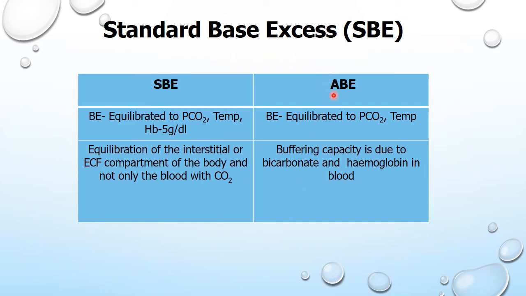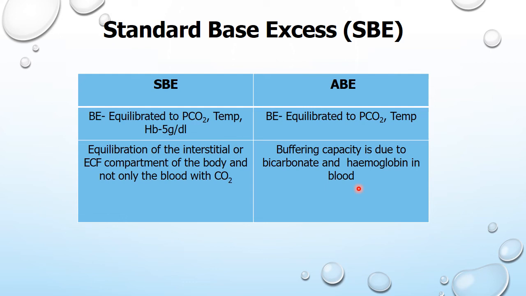So actual base excess is equilibrated with temperature and PCO2, and the buffering capacity is due to bicarbonate and the hemoglobin in blood. However, in actual base excess, we assume that the concentration of the buffer base is equal in the intravascular as well as the interstitial component. However, it is not true, since the intravascular component has hemoglobin, and hemoglobin contributes about 25% of the buffer base.